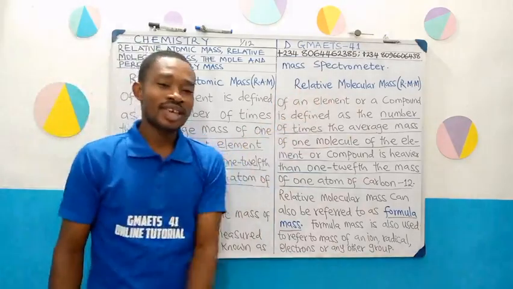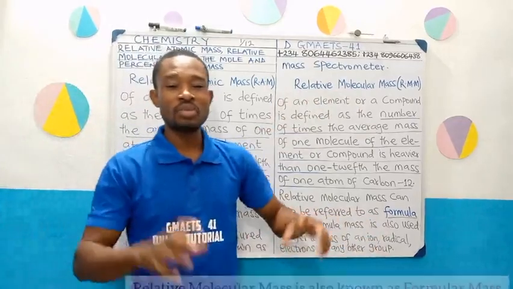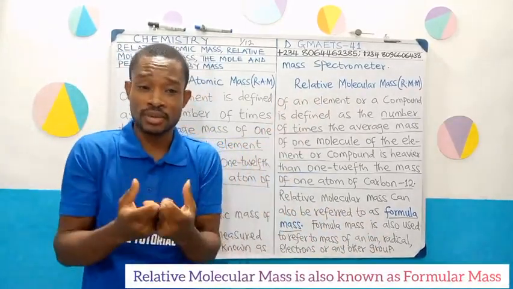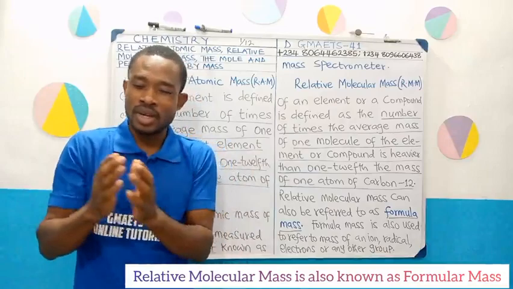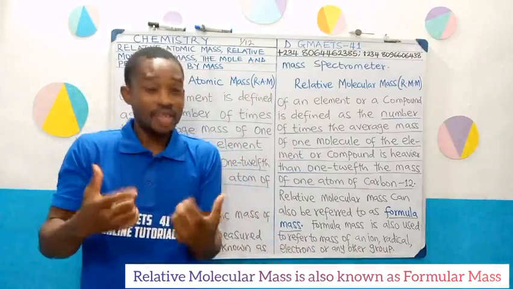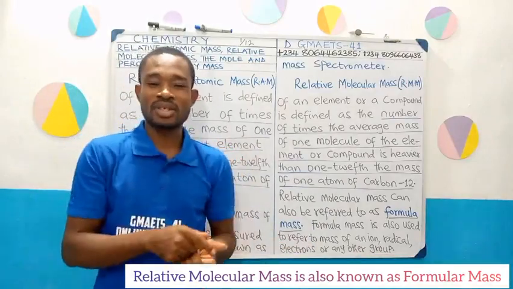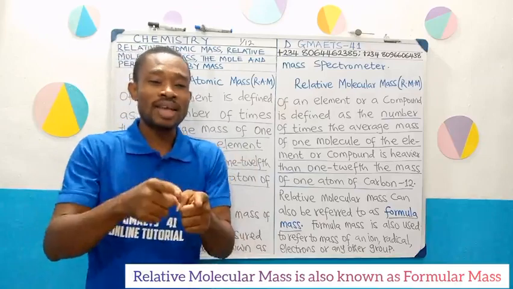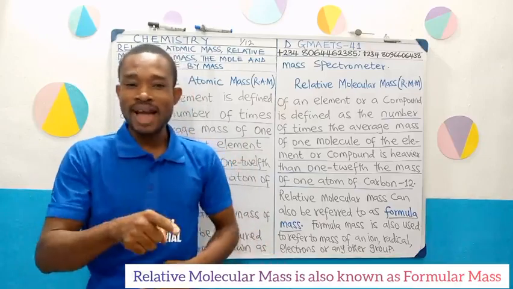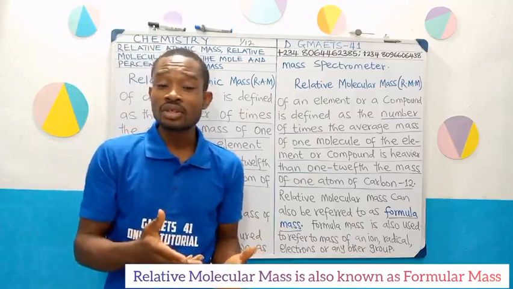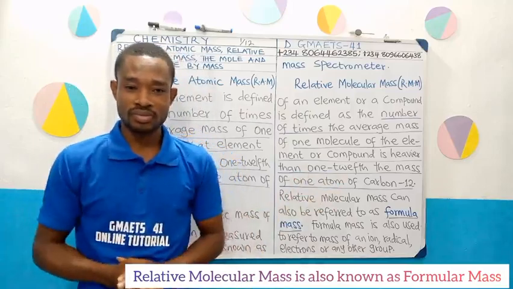Relative molecular mass can also be referred to as formula mass, although formula mass is a general word we use for them. Because when we talk about relative molecular mass, it's simply mass of a molecule. But then you can still use formula mass to refer to it. Only that formula mass can also refer to mass of an ion, mass of a radical, or even mass of an electron, or other groups.